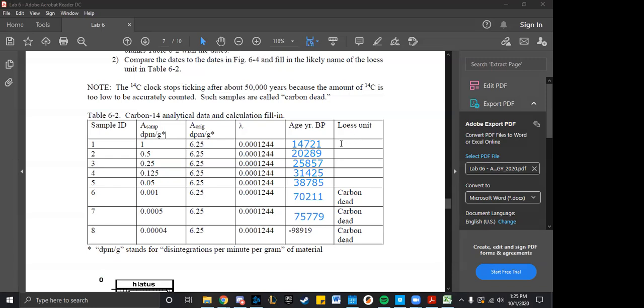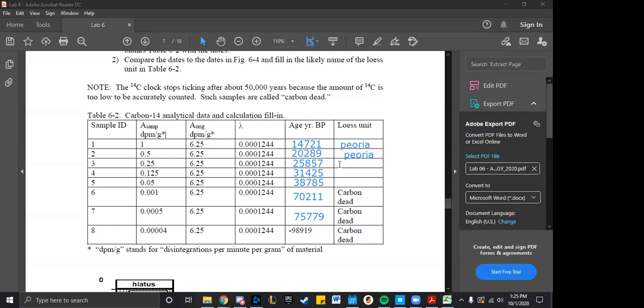And so if it's 7,000, this first one we would put as Peoria. And then the next one would be hiatus. Or I think we would just say that it's still Peoria. Hiatus.